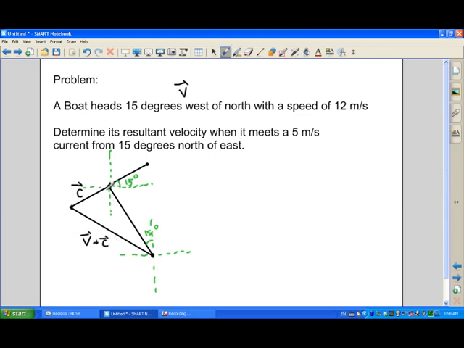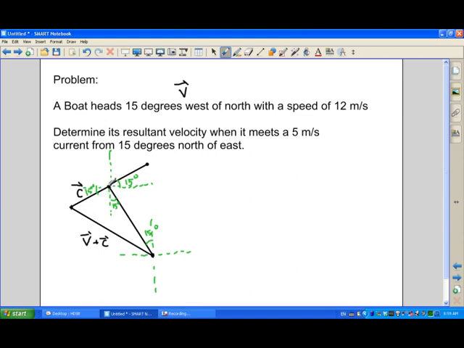To find the angles in here, we need to find at least one of the angles to start solving this triangle. We need to think about our rules for angles and parallel lines. If this is a 15-degree angle here, that would make this angle also 15 degrees. I see a Z pattern here to here. This angle would be 15 degrees. The angle between south and west is 90 degrees.